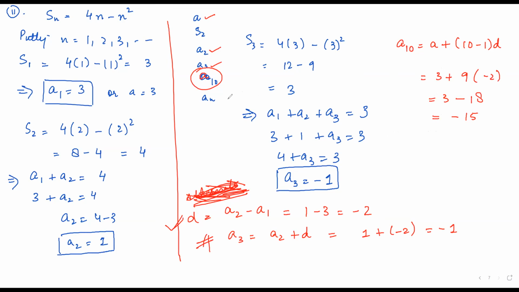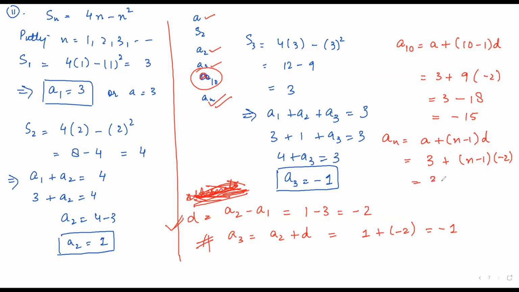Now you have to find AN also. How do you find AN? AN is A plus N minus 1 into D. Now you don't know N, so you will leave it like this. Just put A and D here. So A is 3 plus N minus 1 into D, which is minus 2.